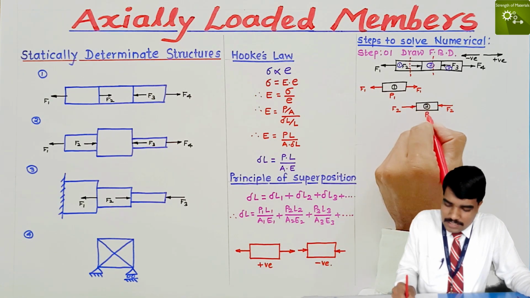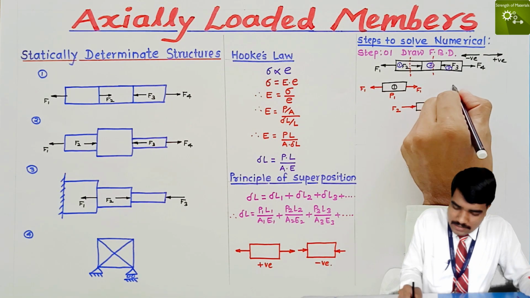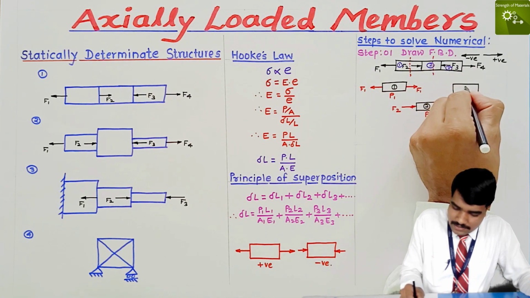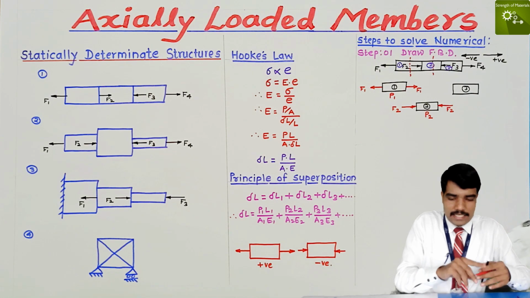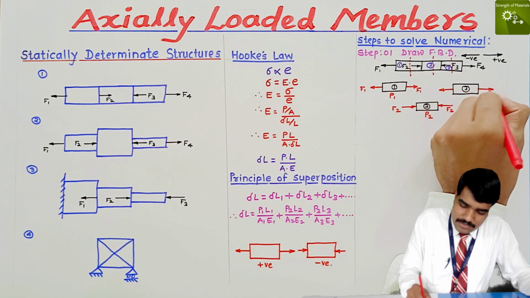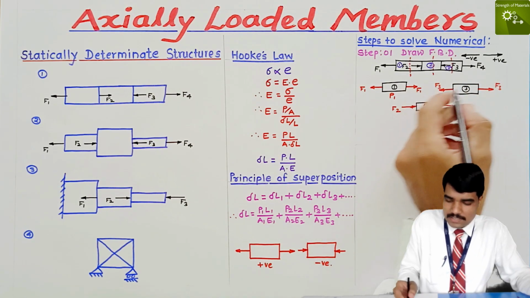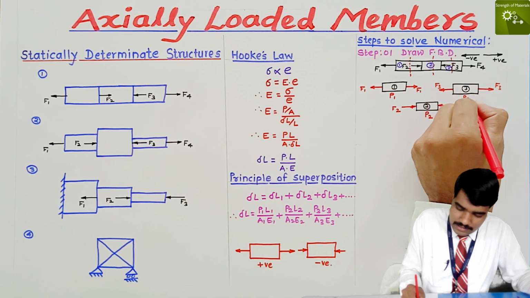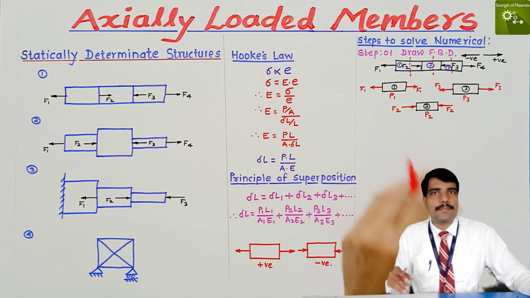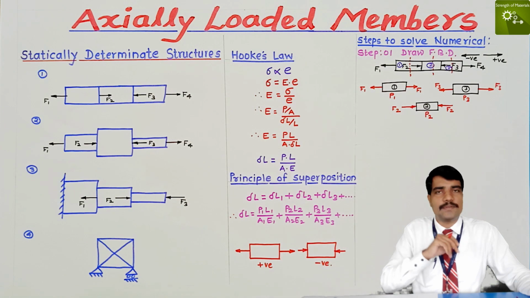We got the internal force in the second member, and the same for the third member of that statically determinate structure. Again consider a section in the third member. See the left side forces, see the right side forces, and find the internal force in that third member. This is P3. So simply by drawing the free body diagrams and applying static equilibrium conditions, we find the internal forces in each member.